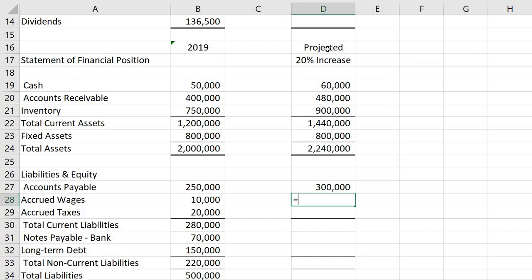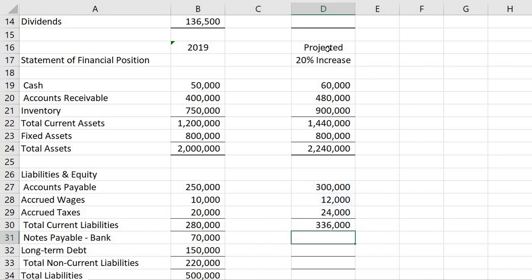So, itong mga amounts na to dapat i-increase natin by 120% also. Okay, the same also with your accrued taxes. So, your total current liabilities, i-add up na lang natin.